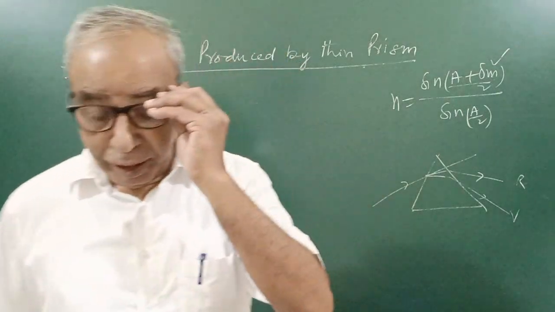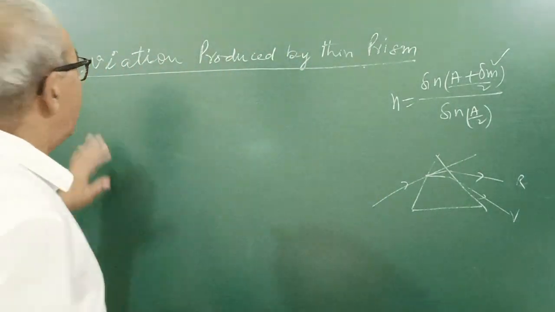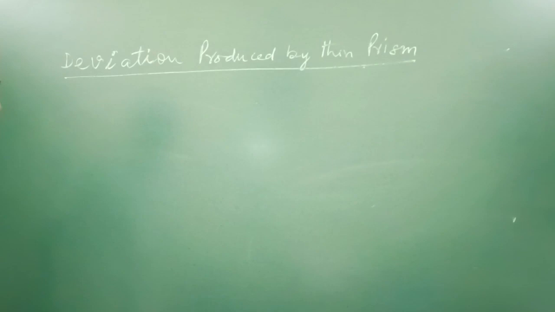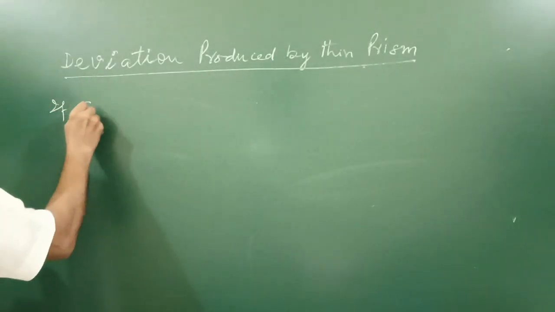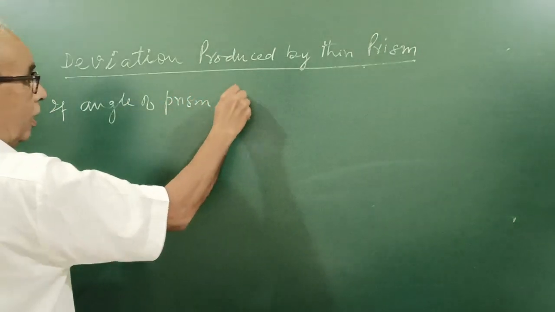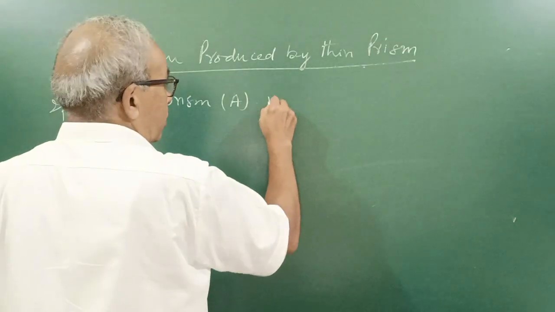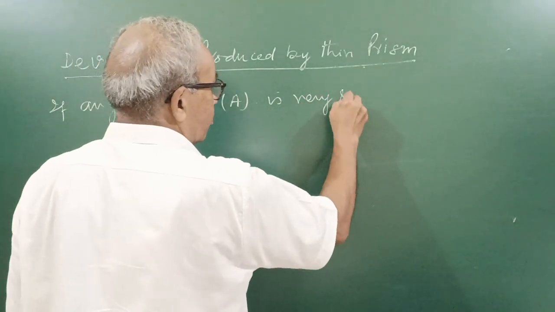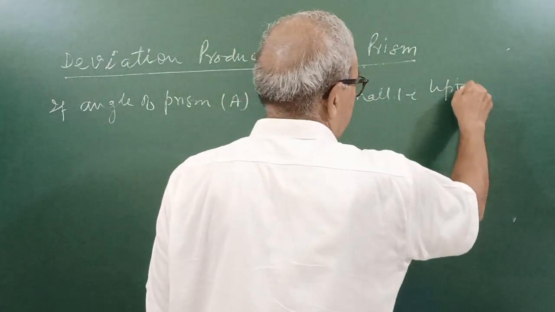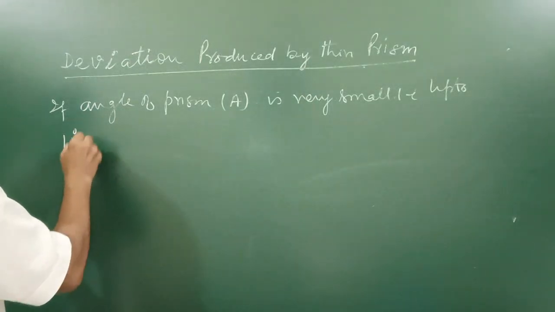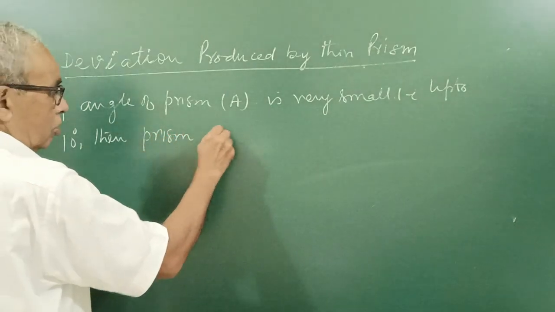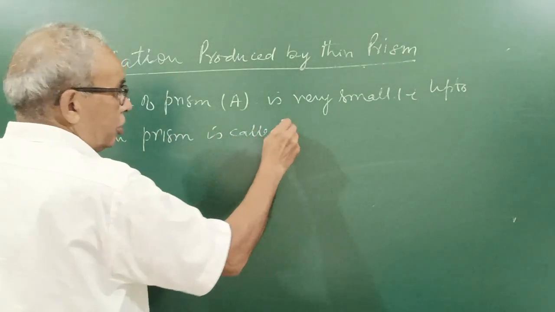Now we will study the deviation produced by a thin prism. Which prism is said to be thin? If the angle of prism A is very small, that is up to 10 degree, then the prism is called a thin prism.